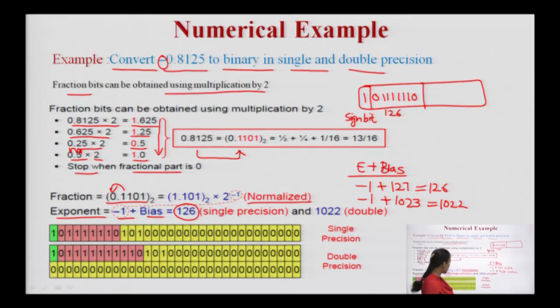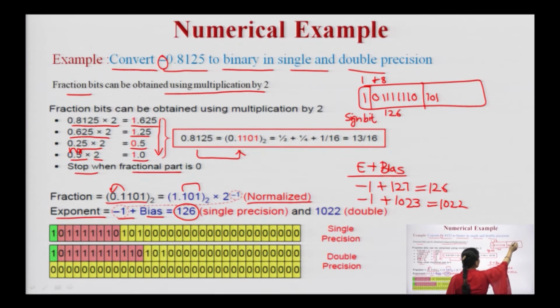How to write that? I will be writing after the decimal portion only. So, I have written 101, since it is 23 bits, because 1 bit plus 8 bits is 9, and 32 minus 9 comes out to be 23.